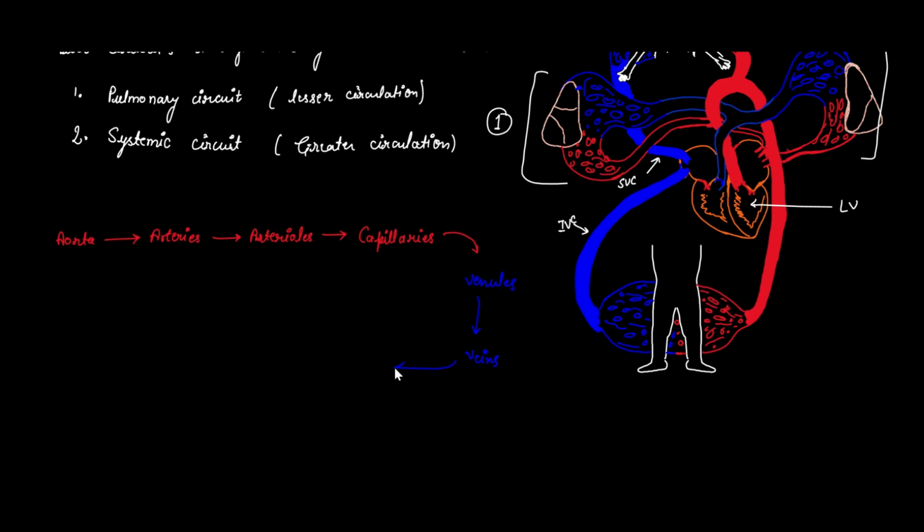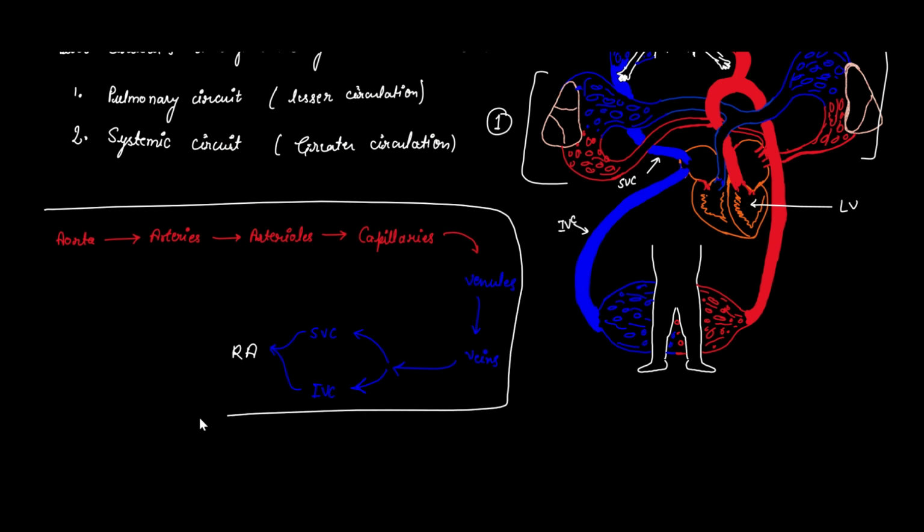Then from veins it goes into two main veins, the superior vena cava and inferior vena cava, and these finally drain their blood into the right atrium. So this is the pathway of the systemic circuit.